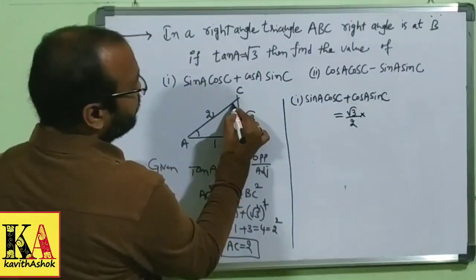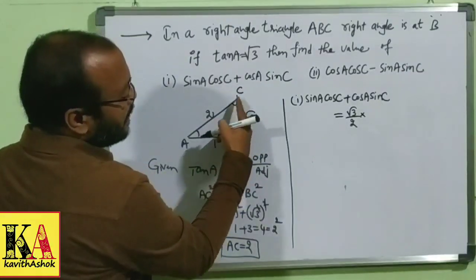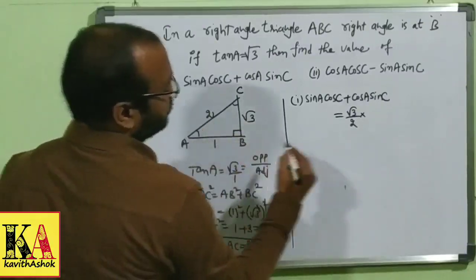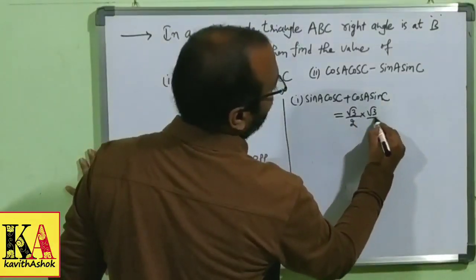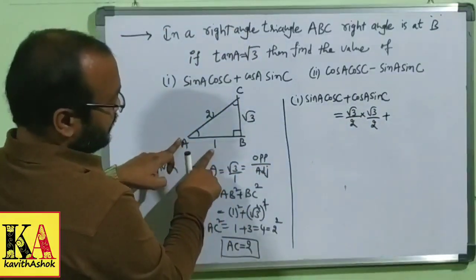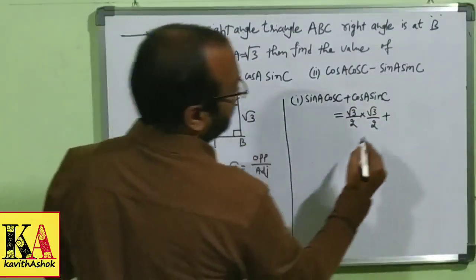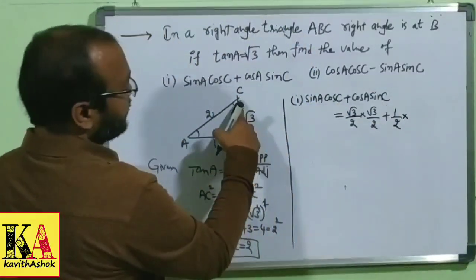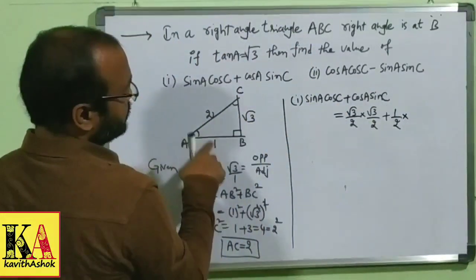So the angle is measured from here. Cos in the sense here adjacent side by hypotenuse. What is adjacent here? Root 3 by 2, plus cos A. Again cos A is adjacent side by hypotenuse, 1 by 2. Sin C, again sin in the sense opposite side by hypotenuse, so 1 by 2.